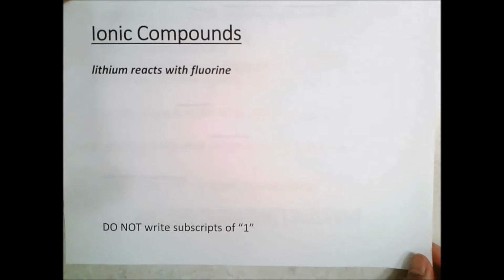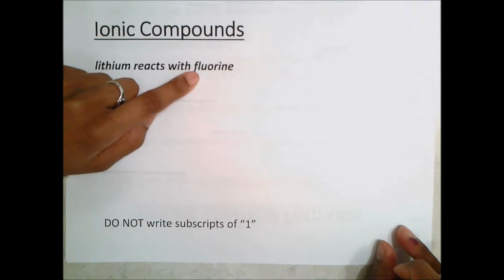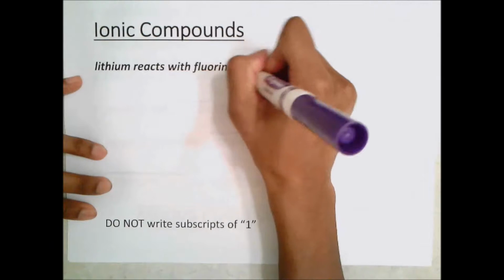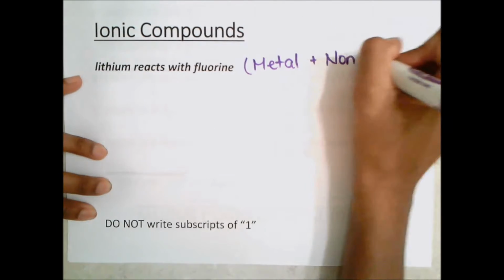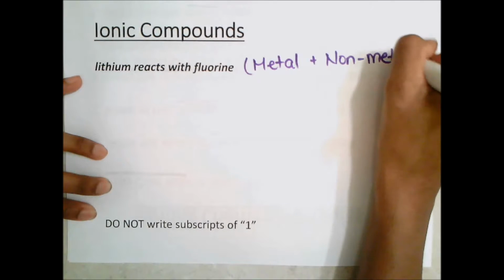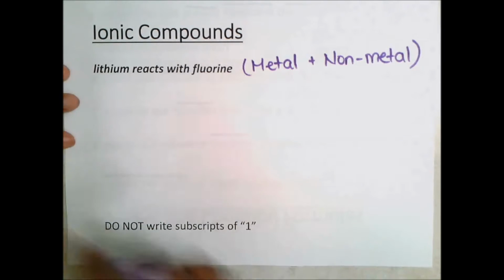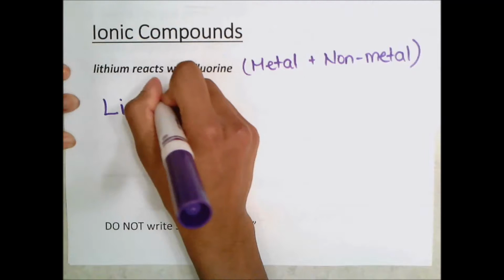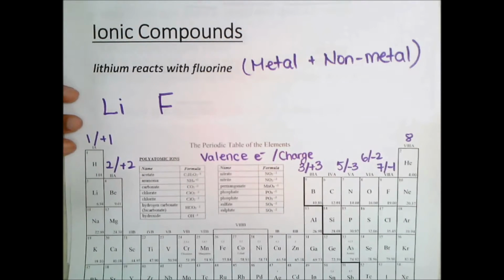Let's try combining lithium with fluorine here. You're going to start off with your metal first, and then your non-metal. Metal plus non-metal, that's always the order. First thing is write your elements out. I know lithium is Li, and I know fluorine is an F. Then you're going to use your periodic table and remind yourself of what the charges are for them.